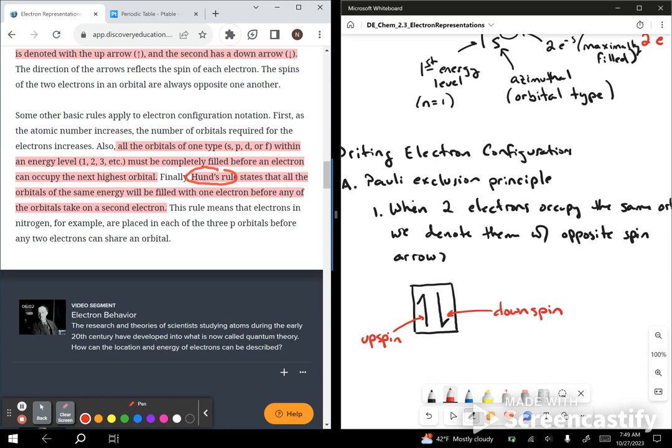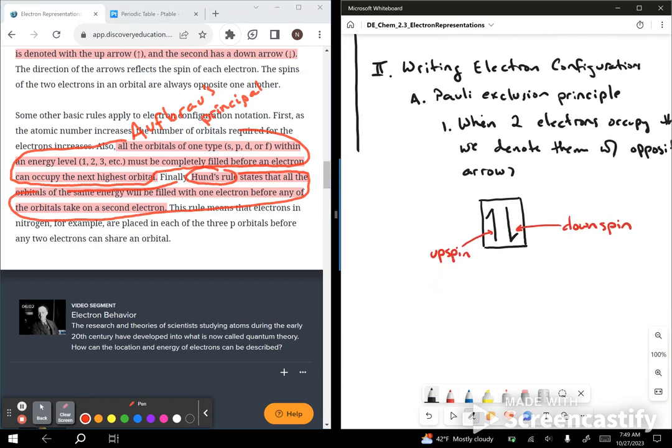And this one over here, they don't mention it, but it was Aufbau's principle. This is Aufbau's principle. And Hund's rule is this one right here. So we need to make sure you have those down along with Pauli's exclusion principle.